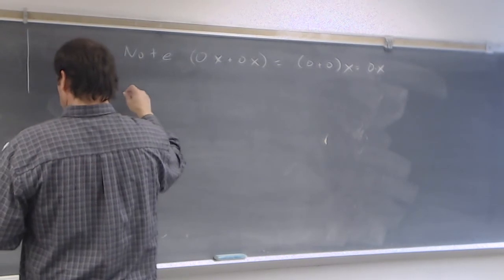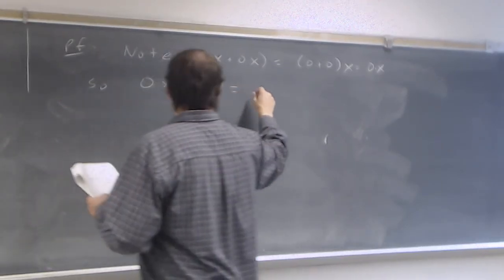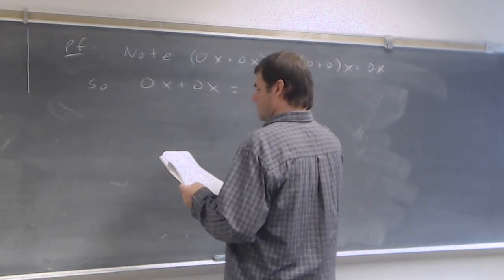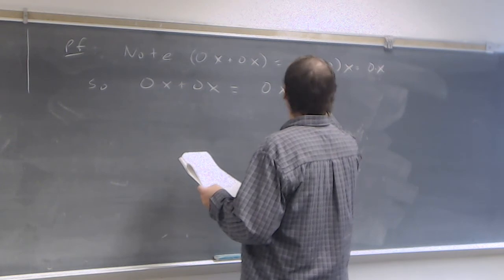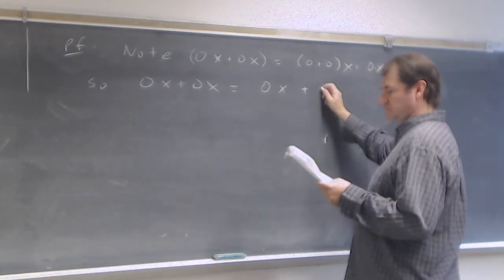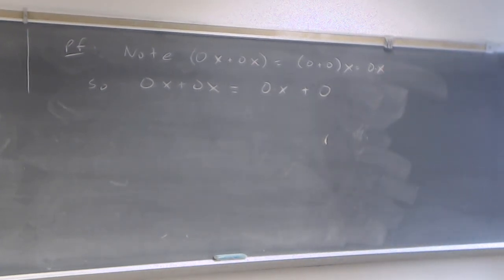So 0 times x plus 0 times x is equal to 0 times x plus 0.